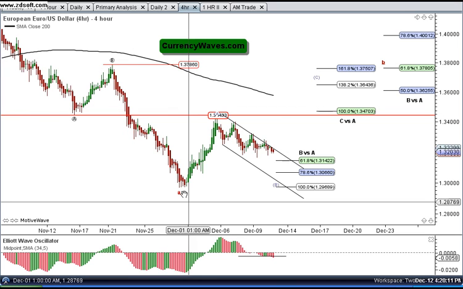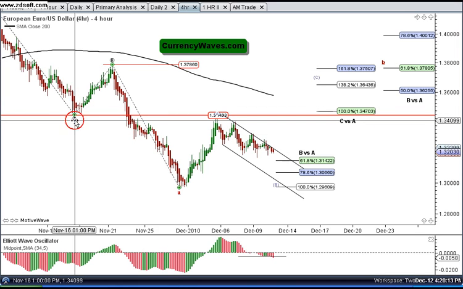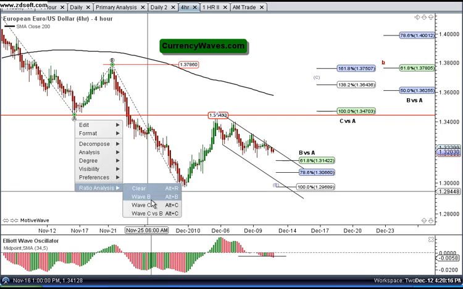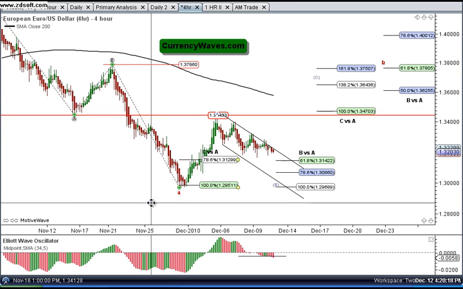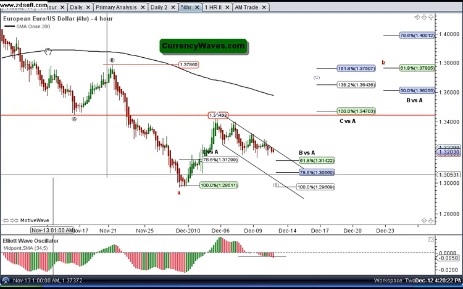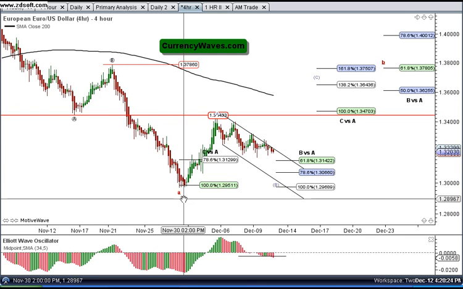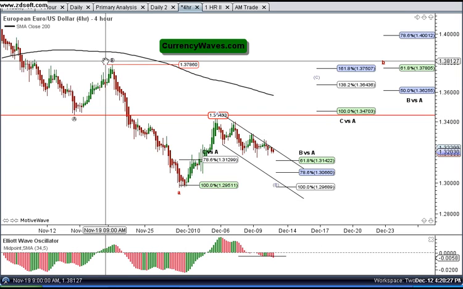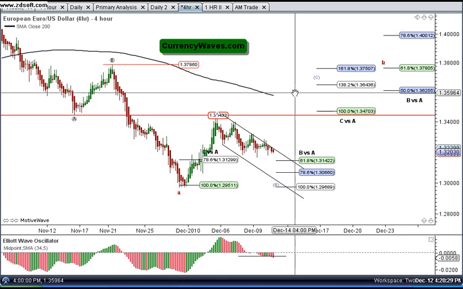Okay, here's that ABC. Another reason I'm not too thrilled on the 1-2-1-2 is I don't know that it's very often that you get two equal legs down for a 1, 2, 1, whatever, 2 there.